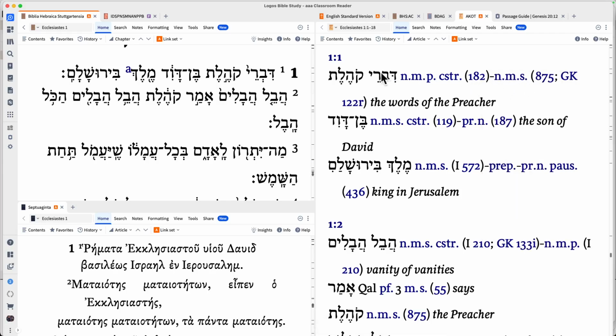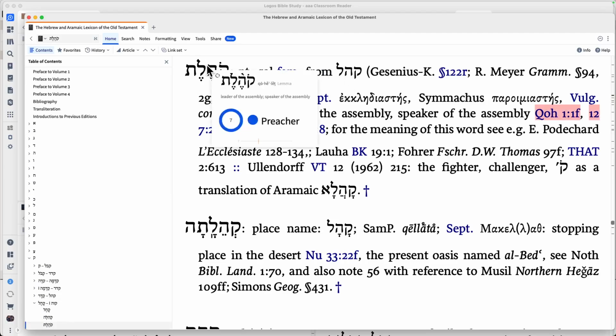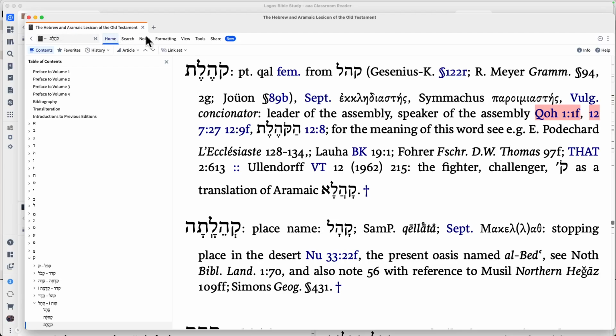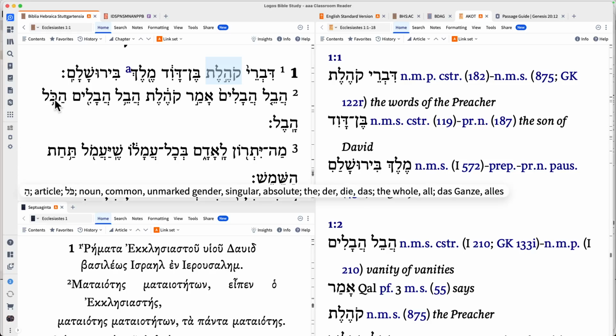Yeah, they're listing it as masculine too. I don't know why it has. Yeah, I mean, this is HALOT says participle feminine. So I don't know. We'll talk about that another day.